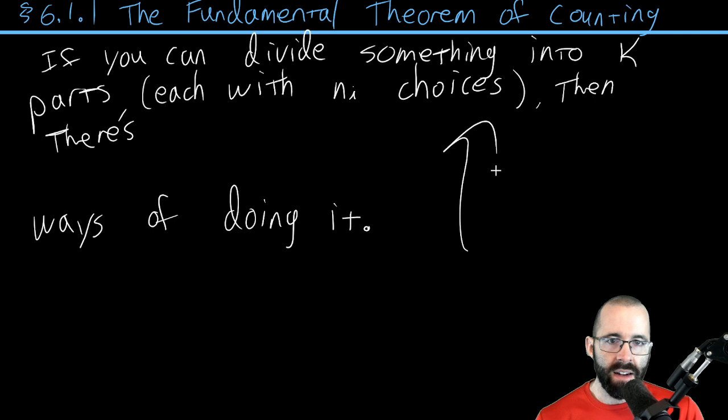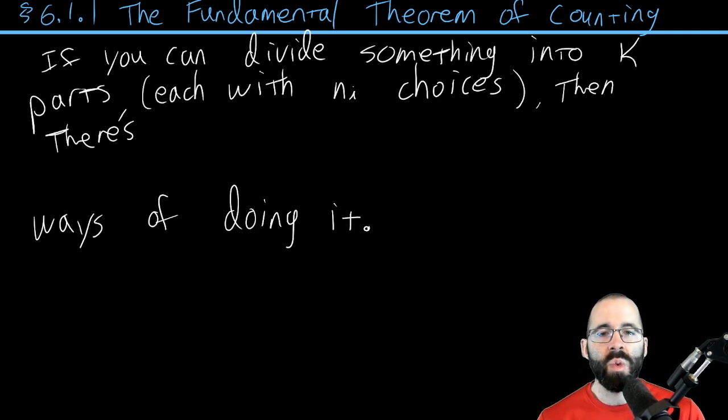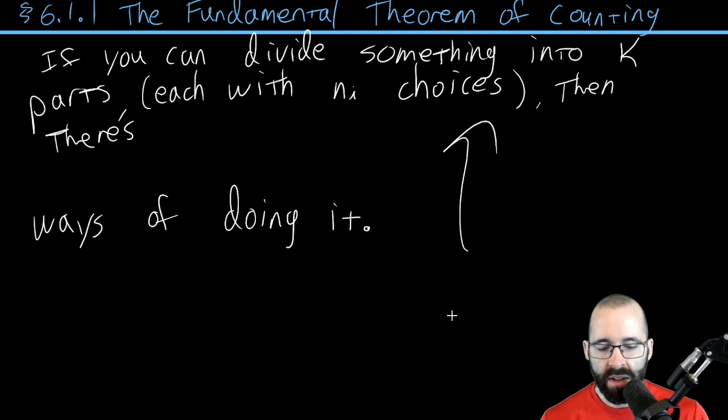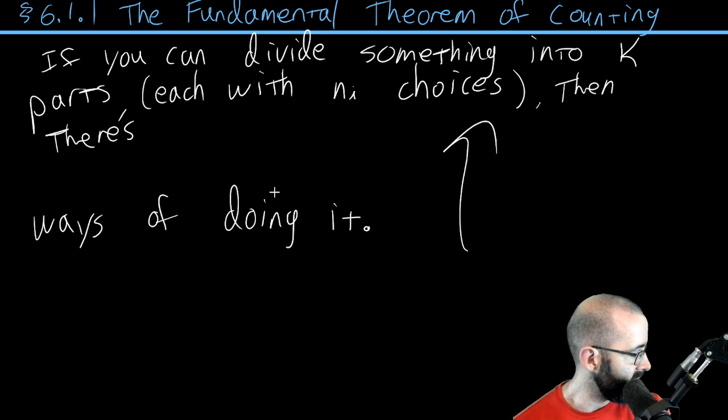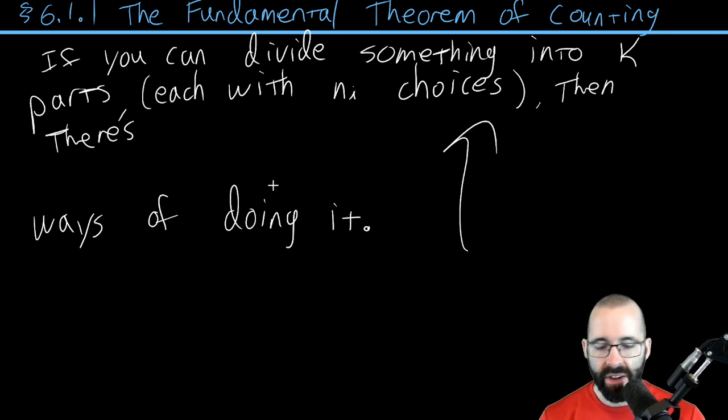If you can divide a task into k parts, or divide a series of choices into k parts, however you want to determine that, each with n sub i choices, then there's some number of ways of doing that. How many ways are there to do it?